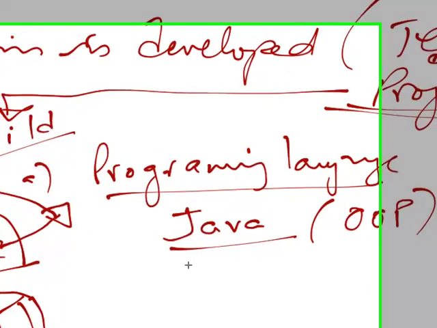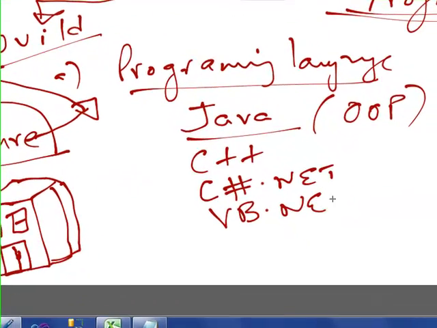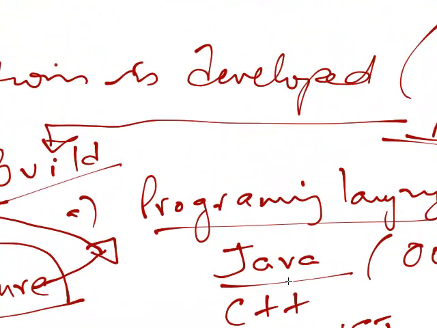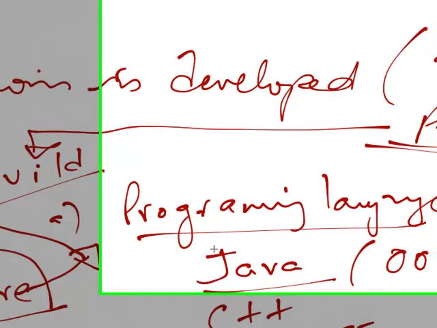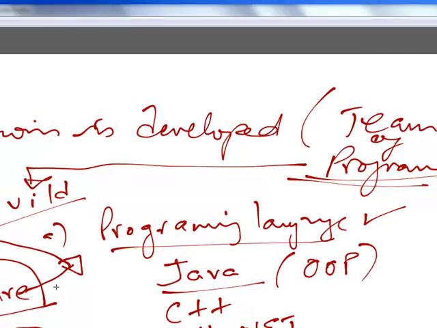Likewise, there are other languages: C++, C Sharp .NET, VB .NET, Python, Perl. These are mostly object-oriented programming languages, and using one of them they would have created this application. So the programming language is an important part of the architecture.